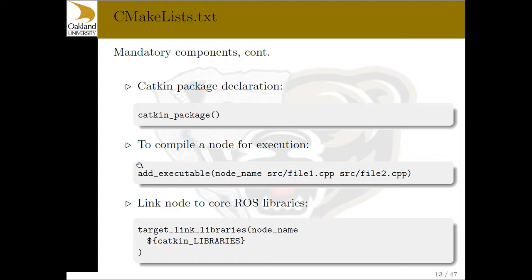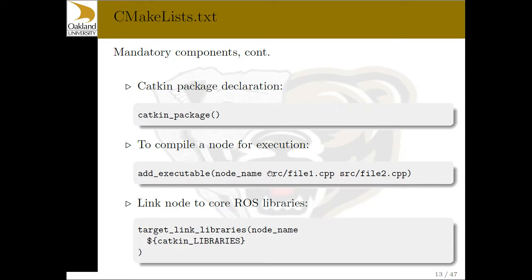And then this looks familiar. This is kind of what we had to do with our simple C++ example. Whenever we want to actually create an executable program to run as a ROS node, we put an add_executable line. The first argument is the name of the executable file. So this is going to be the name of that executable that we would run in a terminal, for example.